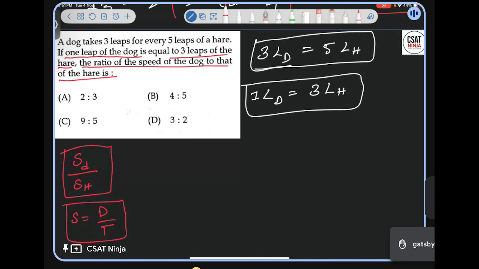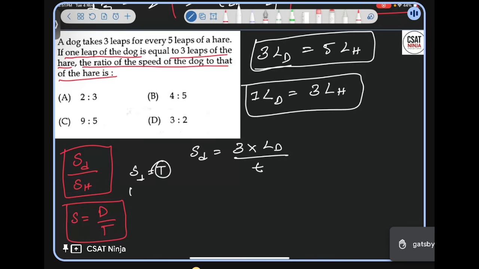So they are traveling for the same time. In this case, I'll assume this one as the distance covered by the dog. To find the speed of the dog, the distance covered by the dog is this, divided by the time taken, t.